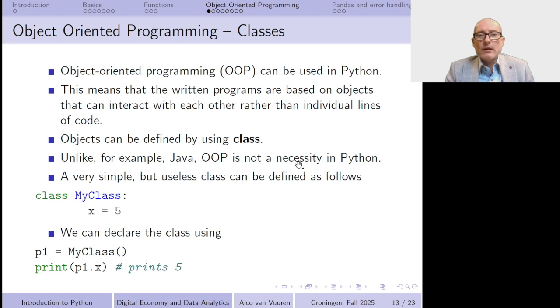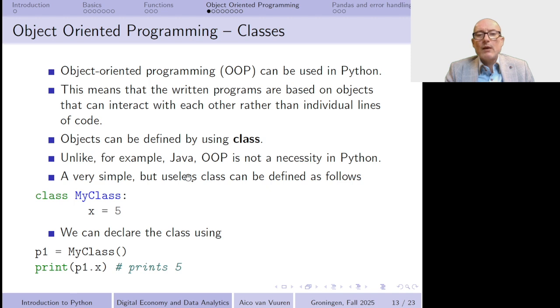So you can easily program a lot of things in Python without using any kind of classes. But like in C++ and in some other languages, including of course R, they can sometimes be very, very helpful.